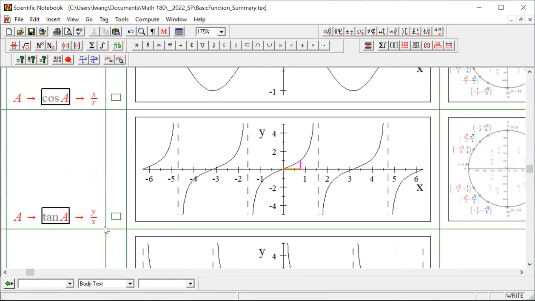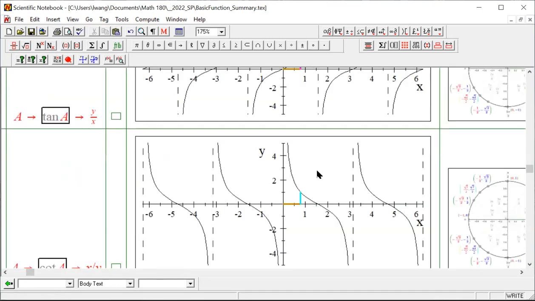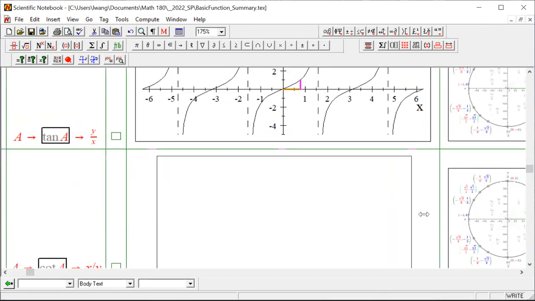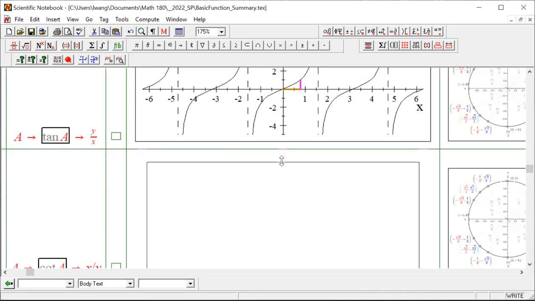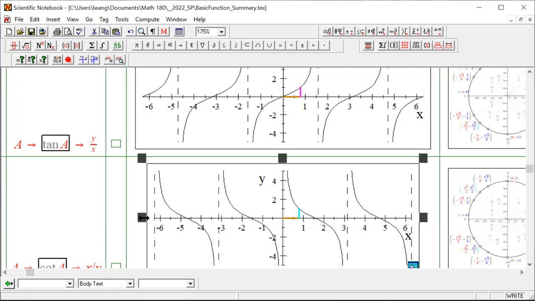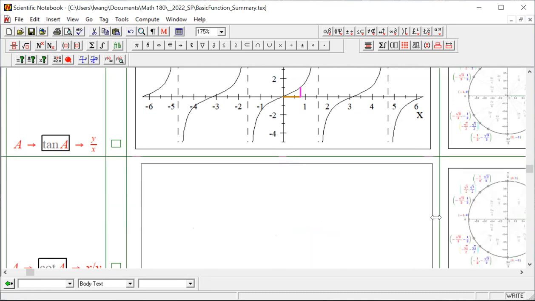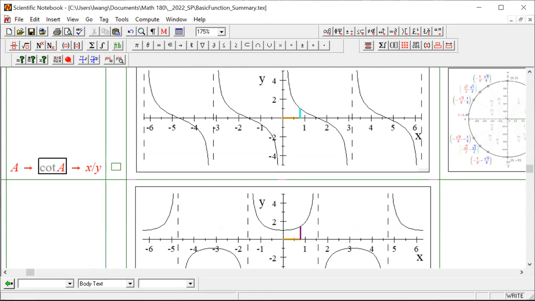Tangent is a tangent ratio, y over x, and cotangent is the ratio x over y. So this is the cotangent. I put all of these curves here. We've done all of these curves from negative 2 pi to 2 pi, except we didn't do as much for secant and cosecant, but they are at our fingertips, aren't they?